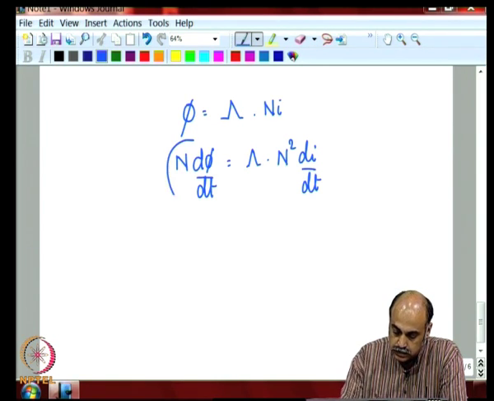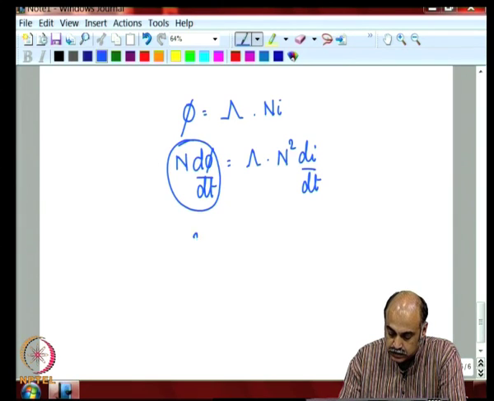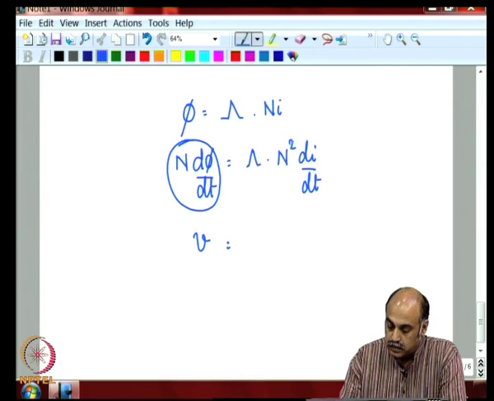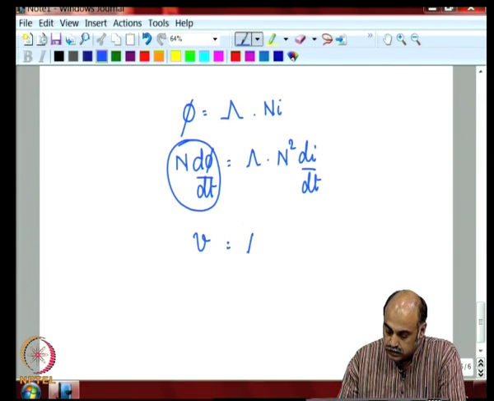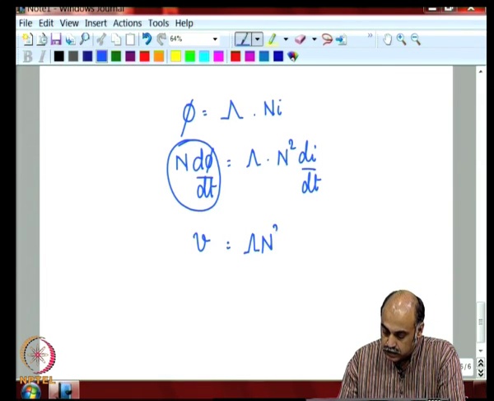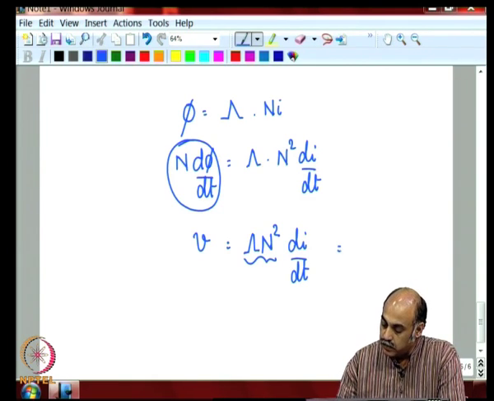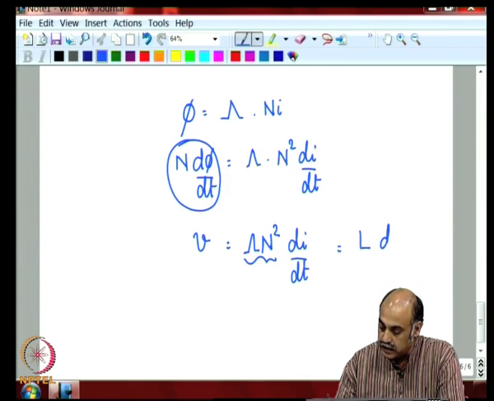From Faraday's law, this is voltage V, and this is equal to something times di by dt, which is inductance L di by dt.